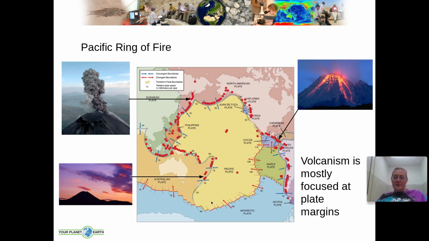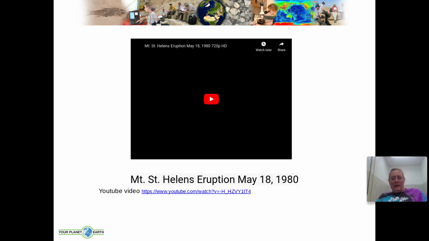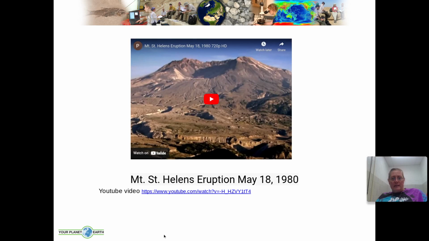It's just a different picture. Notice how the volcanoes are at the margins, which means the edges of the plates. And here's Australia. This shows a little bit more on how this plate also has the volcanoes going off that side.